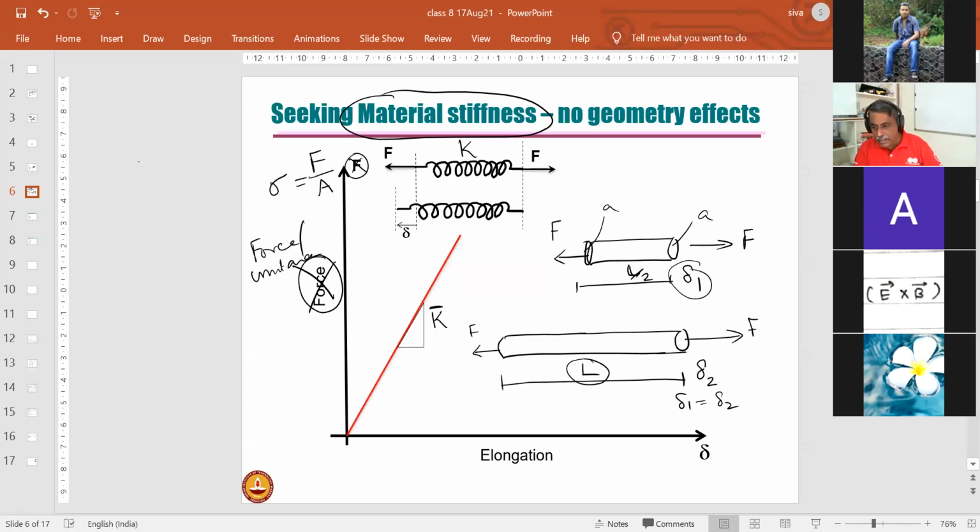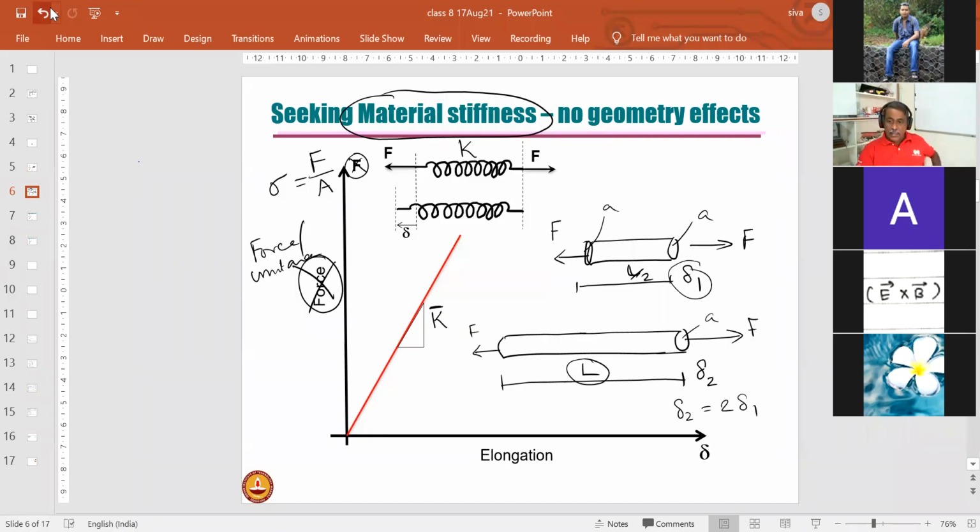Will delta 1 be equal to delta 2? This is L by 2. I apply the same force. Cross-sectional area is the same. Then I'll get delta 2 to be twice delta 1.